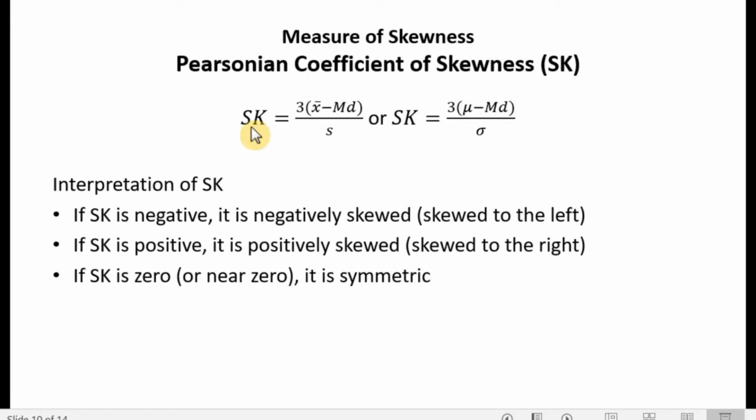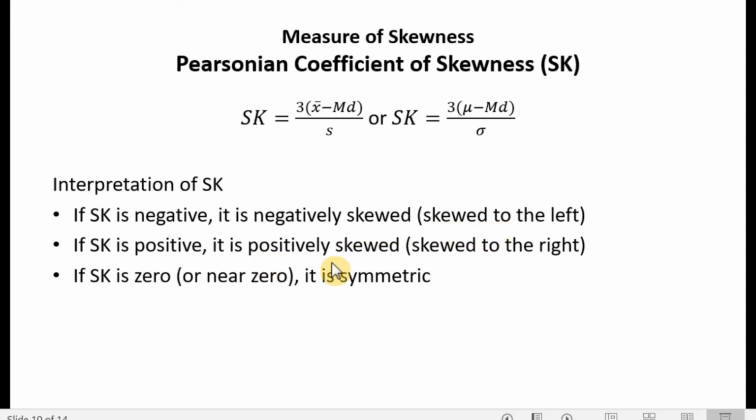Now, after solving for Sk, this is how we are going to interpret those values. Based on this value, we would know if the distribution is negatively skewed, positively skewed, or approaching the normal distribution. How do we do that? If the value of Sk is negative, then the distribution is negatively skewed or skewed to the left. The farther it goes away from 0, going to the negative values, the more negatively skewed the distribution will be.